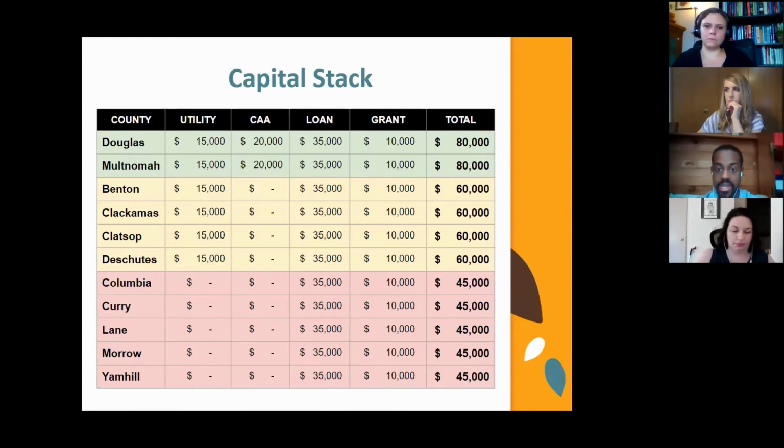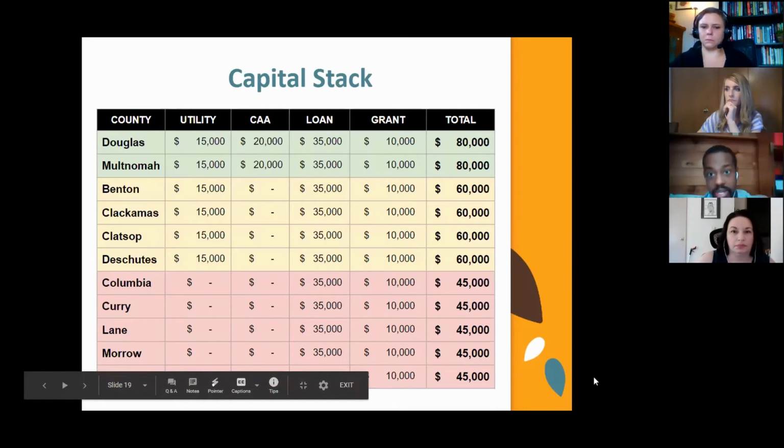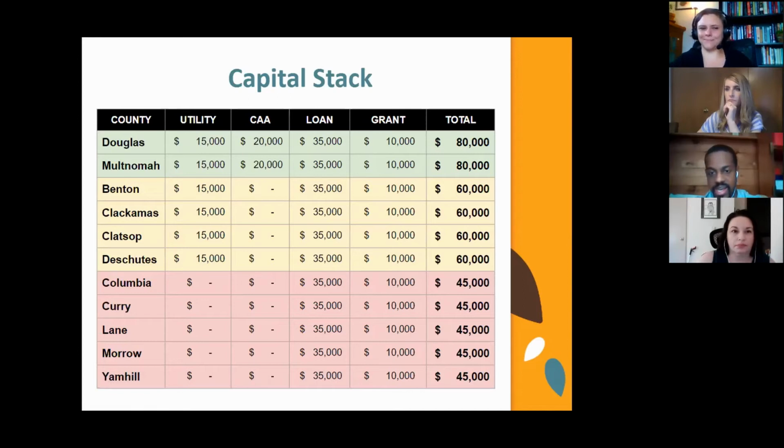And the counties in the red get their energy from other sources, like people's utility districts or cooperatives that aren't a part of the pilot yet, and the community action agencies are also not a part of the pilot, so they only have access to OHCS, Oregon Housing and Community Services money. So we really are focusing on the green primarily, then the yellow, and we focus the least amount of our time on the red counties.